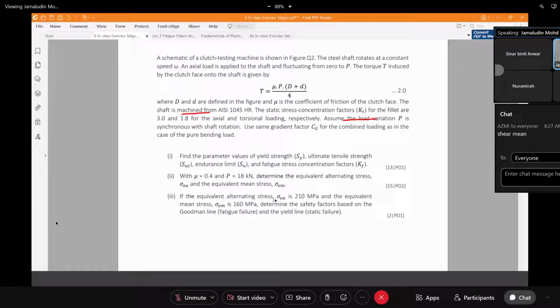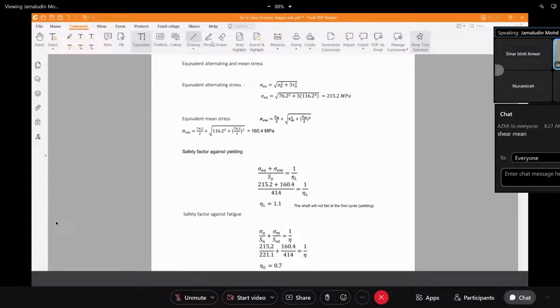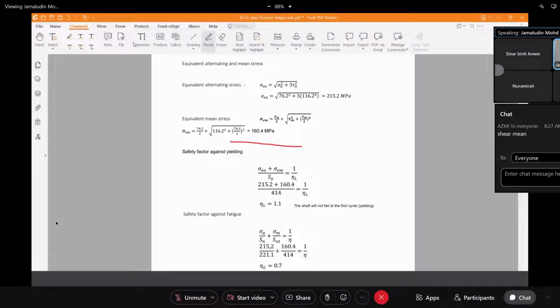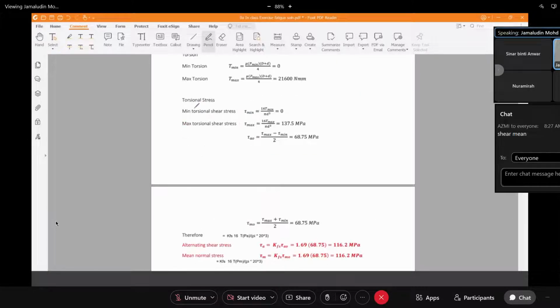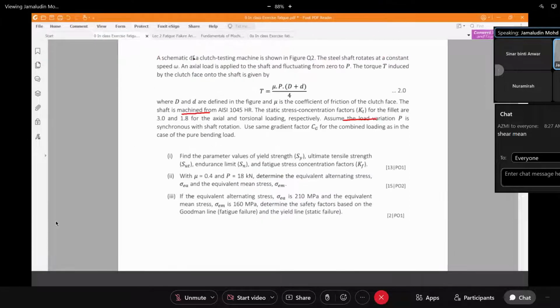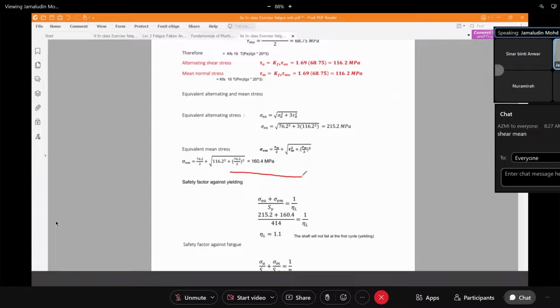What it means is that we want you to calculate up to here only, okay, up to here only, right? Up to equivalent alternating, equivalent mean, up to here, that's it.